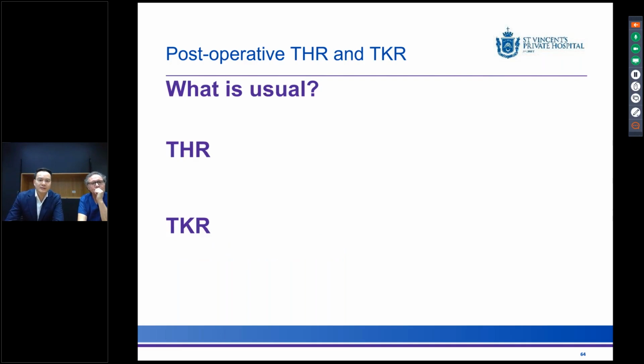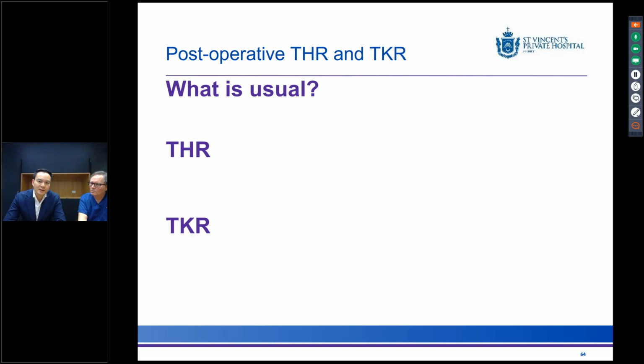So we come to the last section, and we're looking at the patient who's had a hip or knee replacement and presents to the GP office. Let's talk about it within the first 3 months of the joint replacement.